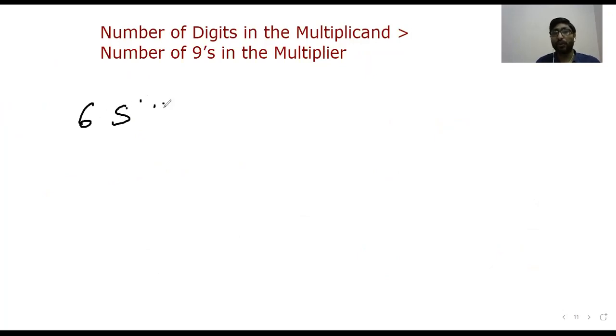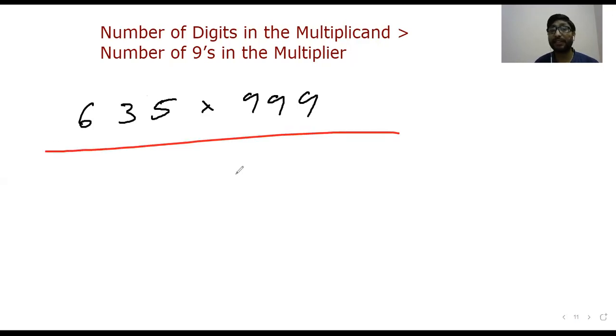6, 3, 5 multiplied with 1000. One second, my pen got stuck. Okay. See, 635. What is the procedure?